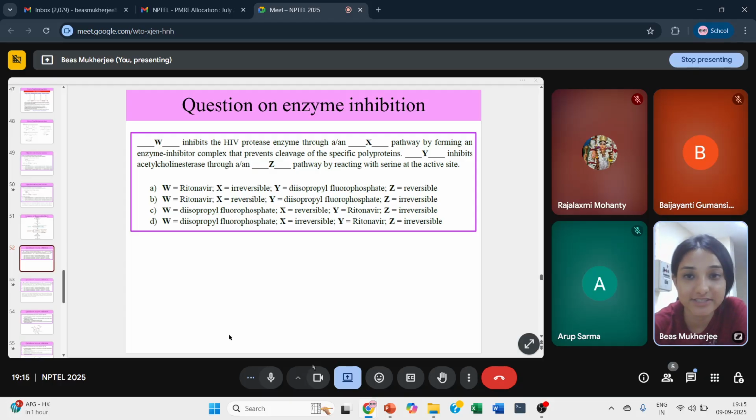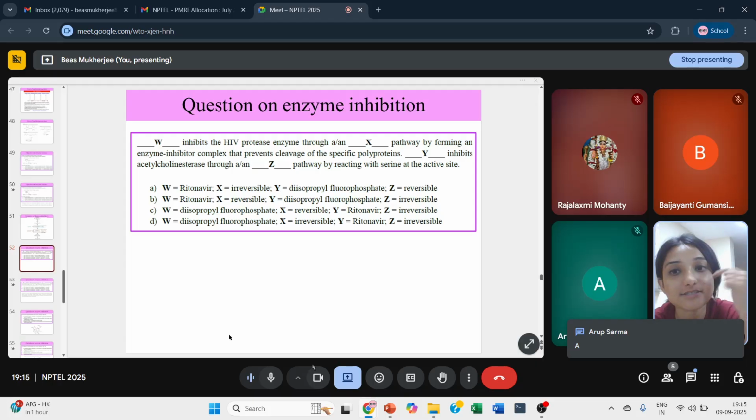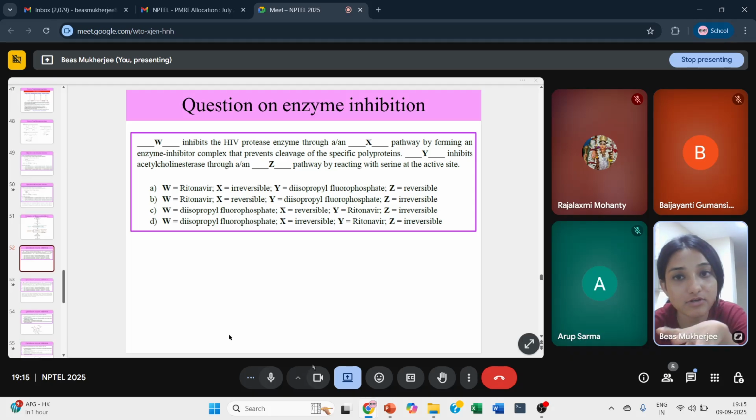Try answering the question. A. Okay. So A is ritonavir inhibits the HIV protease enzyme through an irreversible pathway, and Y is diisopropyl fluorophosphate. This inhibits acetylcholinesterase through a reversible pathway by reacting with serine at the active site.